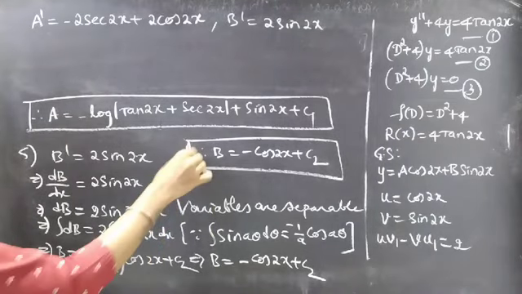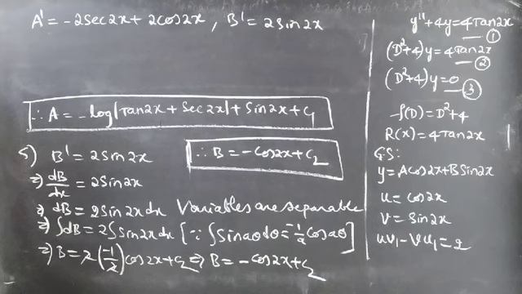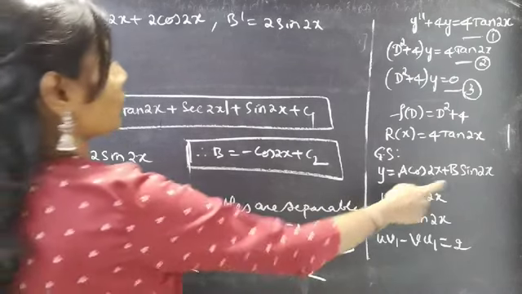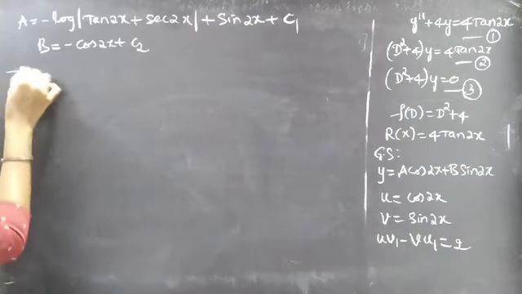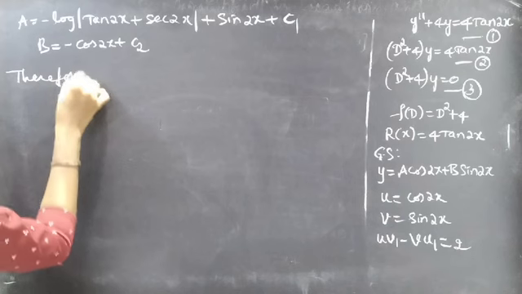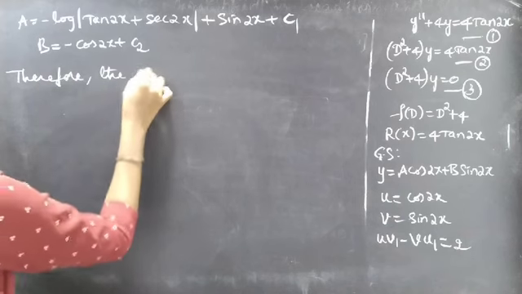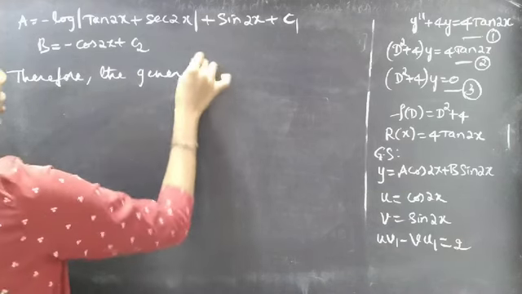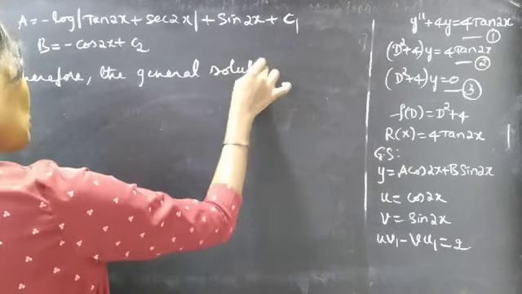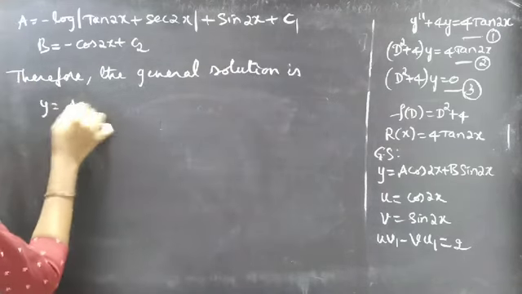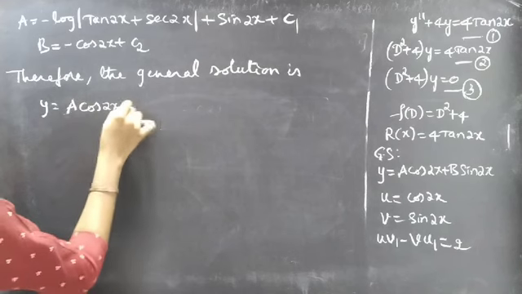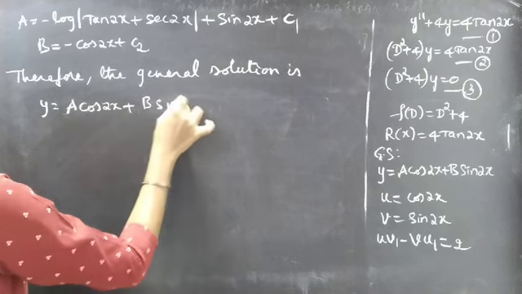So we got a and b. Now we can write the general solution by substituting a and b in this equation. Therefore, the general solution is given by y equals a cos 2x plus b sin 2x.